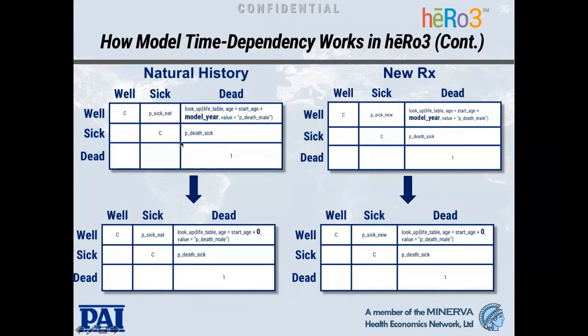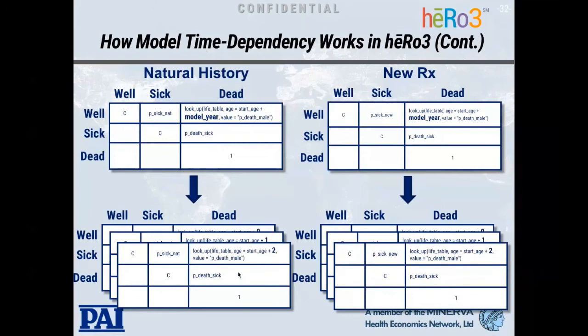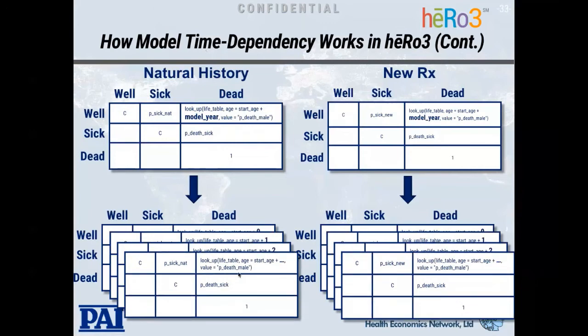And so you can see here, instead of having one transition matrix, what we're going to get is one transition matrix for the first cycle with the appropriate value of model year substituted in, another matrix for the second cycle, another matrix for the third cycle, and so on. That formula gets evaluated separately, to a different value in each cycle, based on however the formula evaluates when you substitute in the appropriate value of model year.